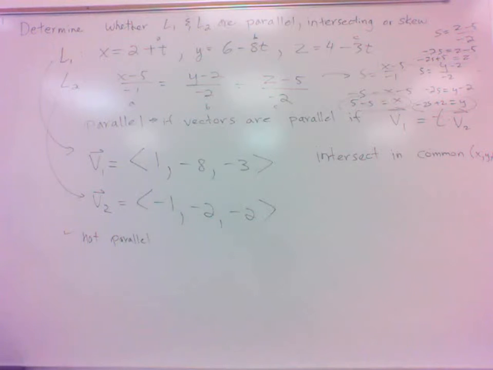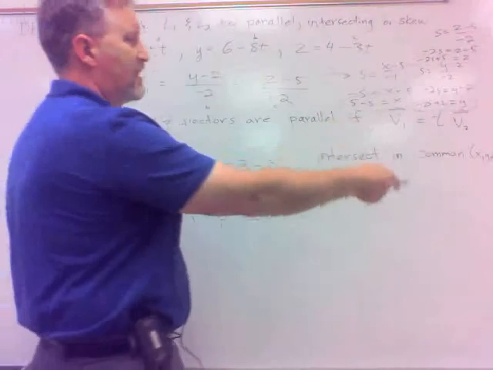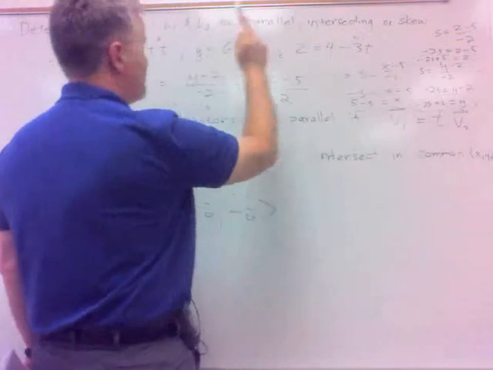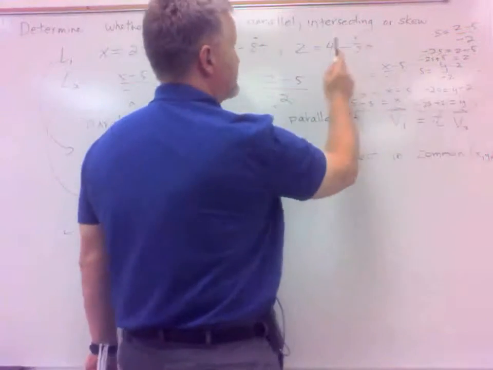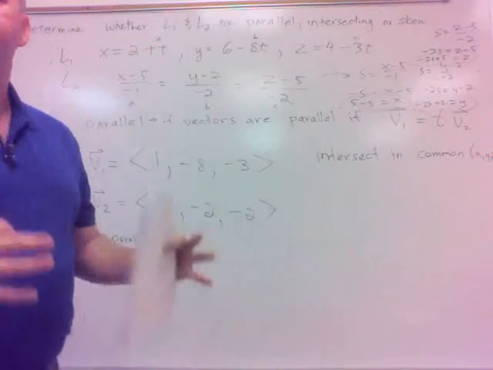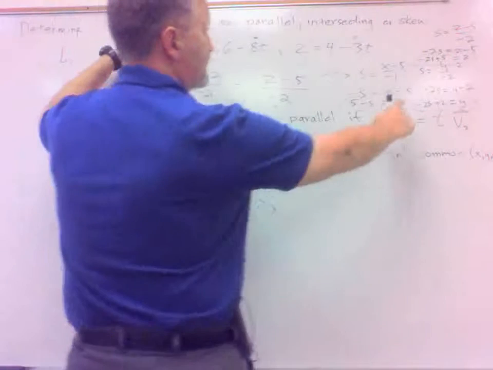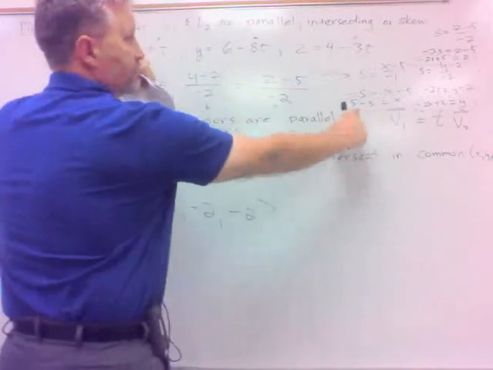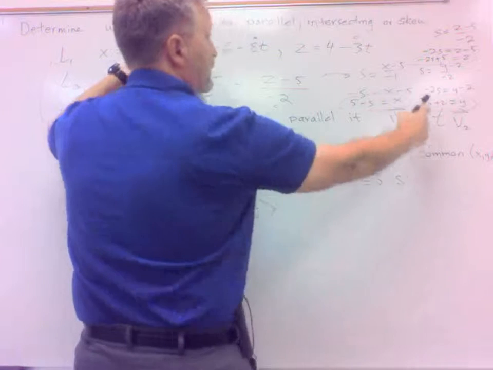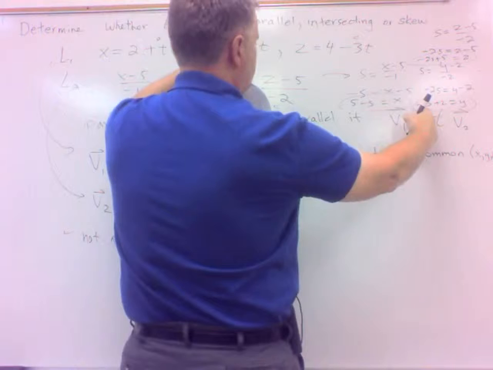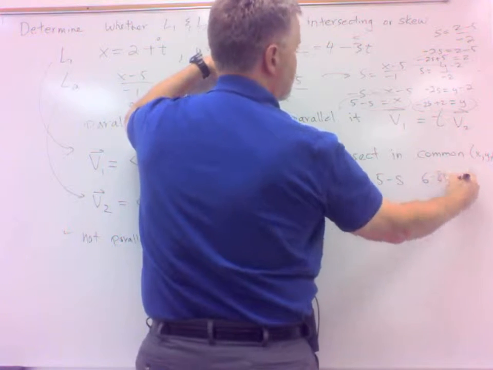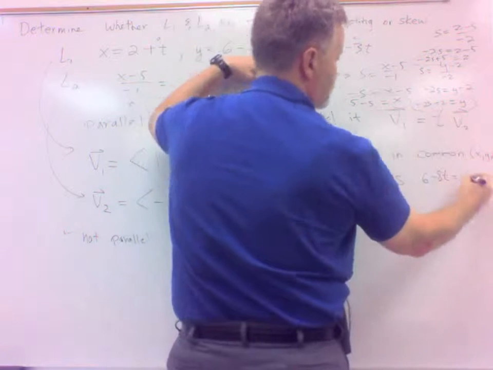All right, so for these to intersect, they have to have a common X, Y, and Z. In other words, this X equals that X, at the same time that Y equals that Y, at the same time that Z equals that Z. And so that just sets up a three equation system. If we set the X's equal, we've got 2 plus T equals 5 minus S. We've got 6 minus 8T equals negative 2S plus 2.